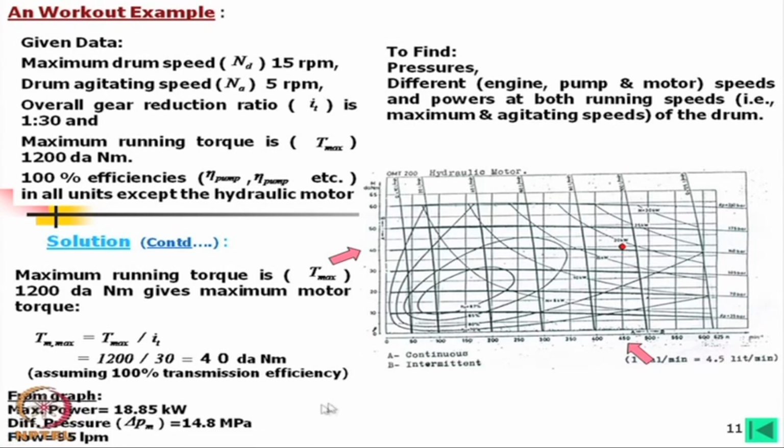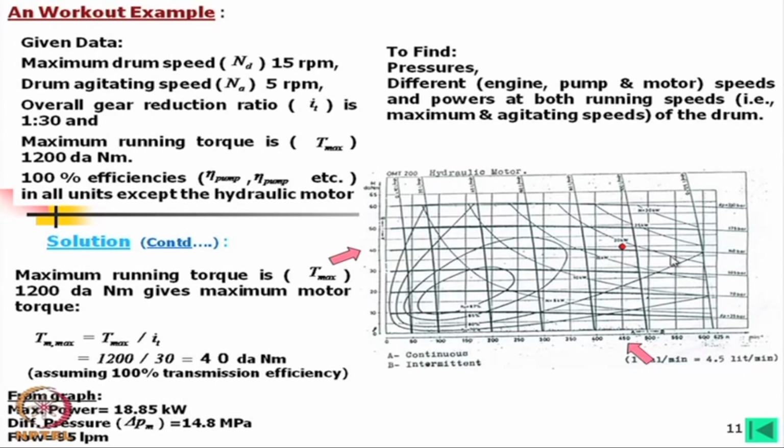So from this graph, we find a maximum power of 18.85 kilowatt. How have I done this, can you see? This is 20 kilowatt and this is 15 kilowatt, and we have to estimate from these two curves.